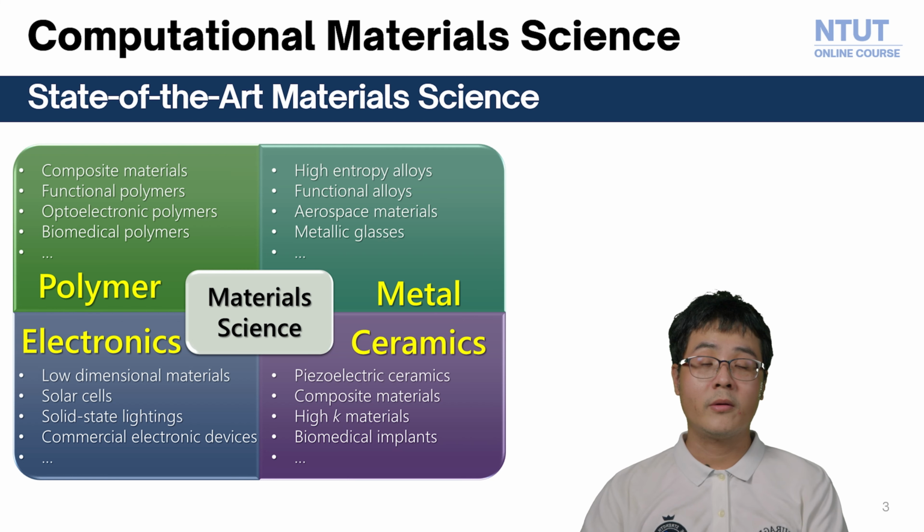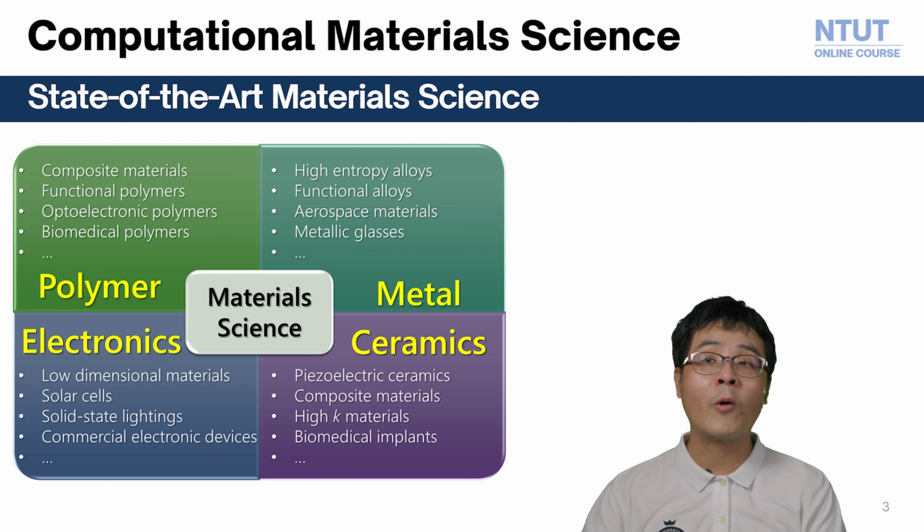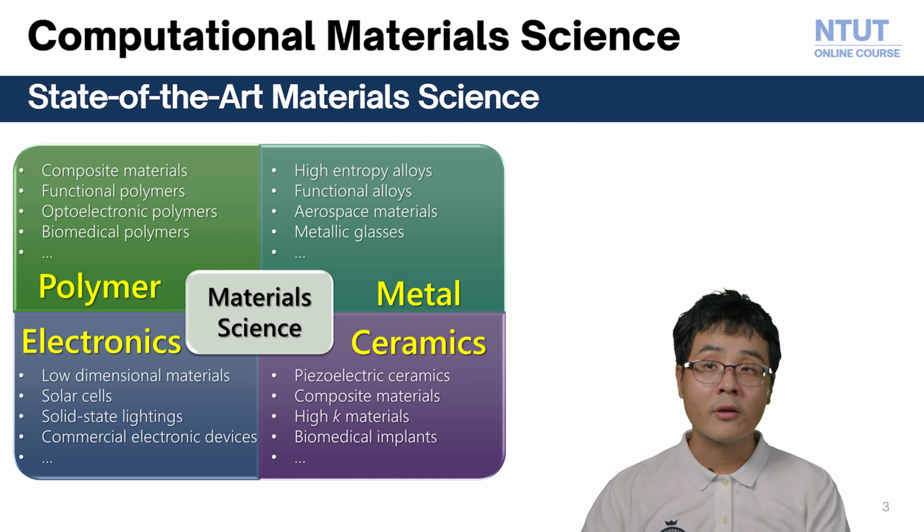The polymer is treated as a soft material, which is widely used as a part of composite material or some functional polymers like conducting polymers or other kinds of polymer used in optoelectronic devices or biomedical polymers.